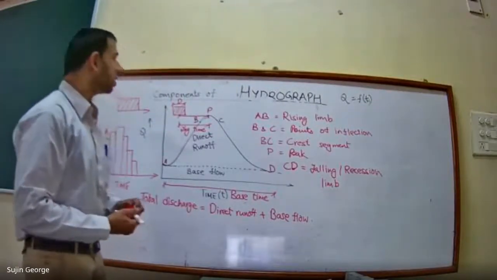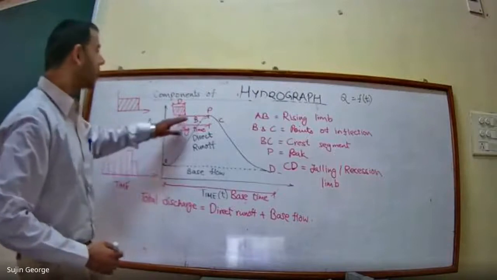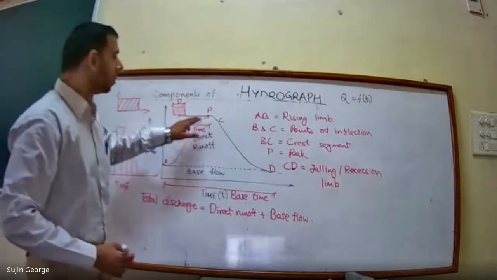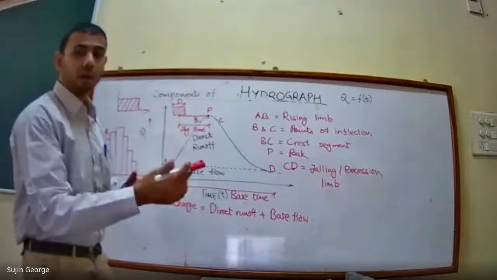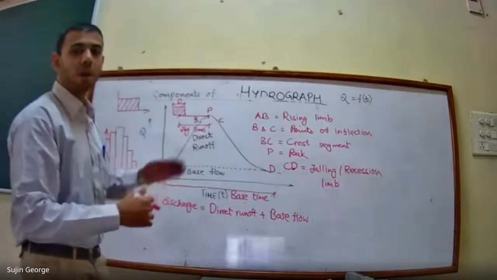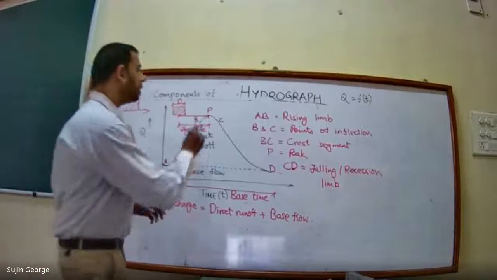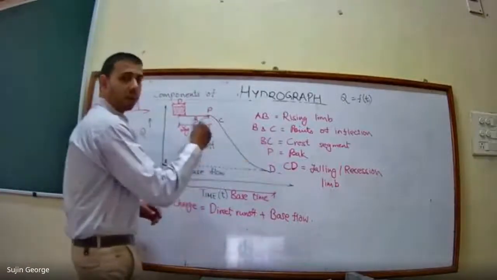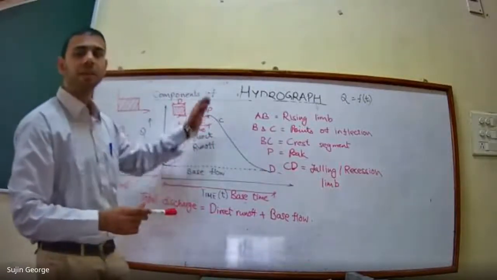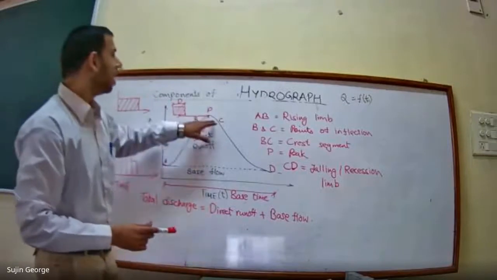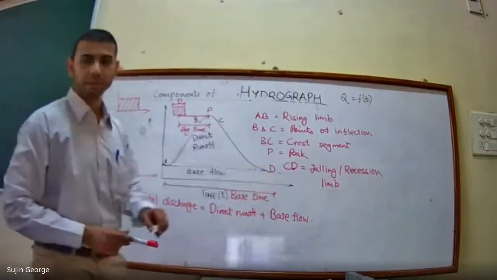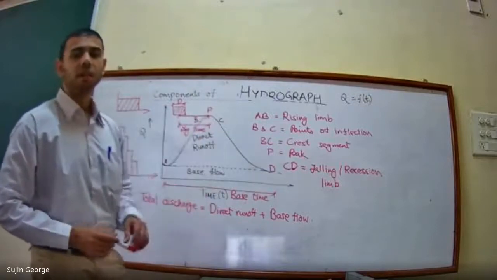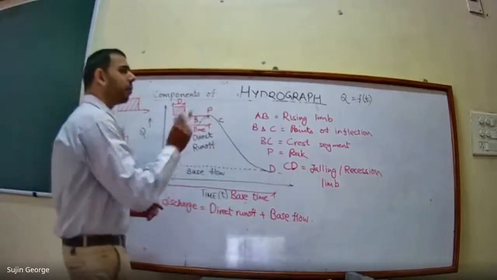Fine, so these are the components of a hydrograph. AB is the rising limb. B and C are known as the points of inflection because there the shape of the slope changes. P is the peak of the curve, which is the maximum level attained by the hydrograph. And CD is known as the falling limb.